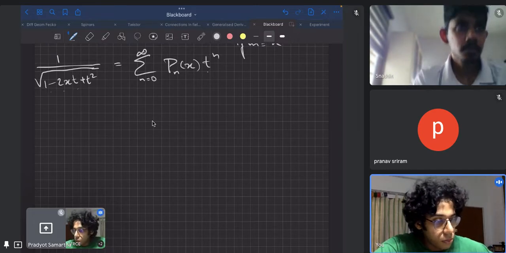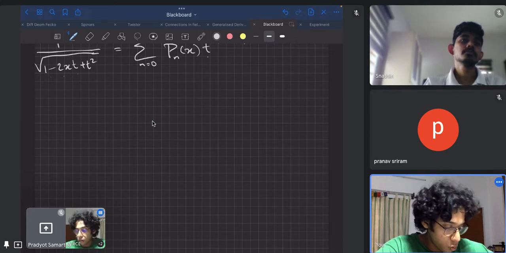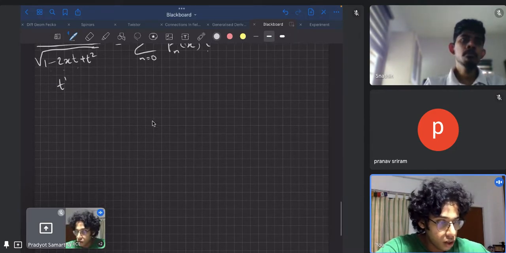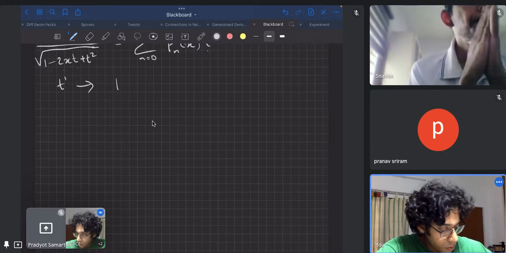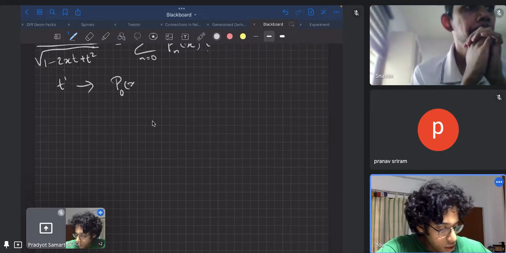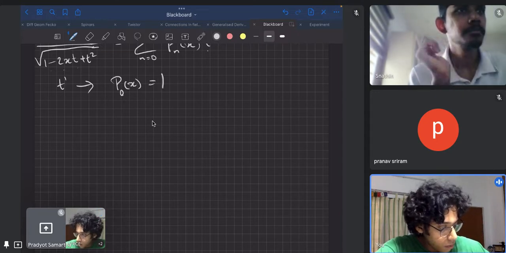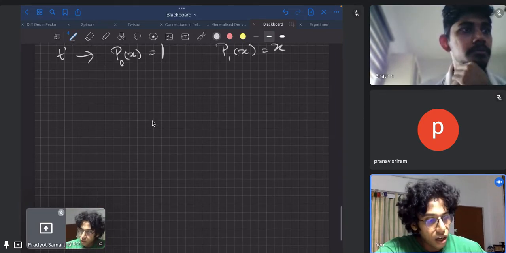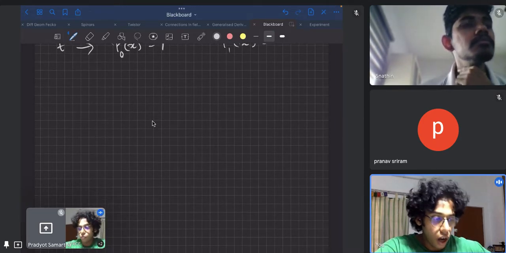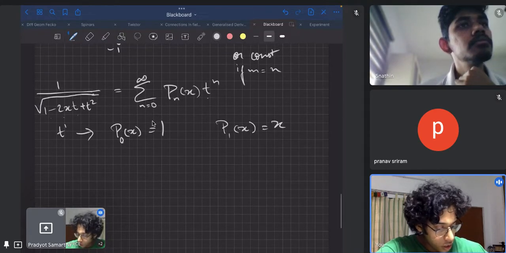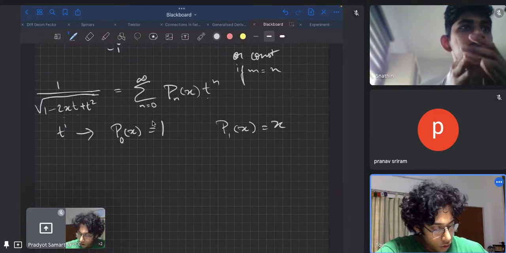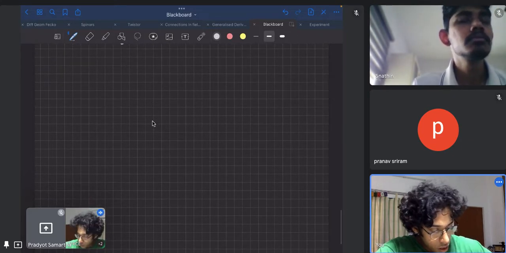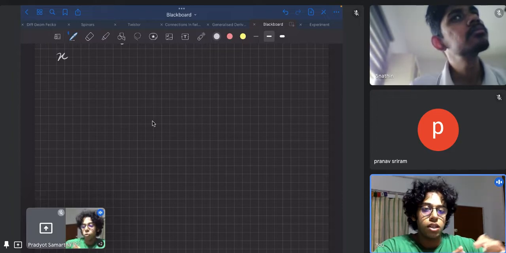Now if you expand this thing up to order t1, you have P naught of x equal to 1, then P1 of x equal to x. For higher orders, you differentiate both sides with respect to t.